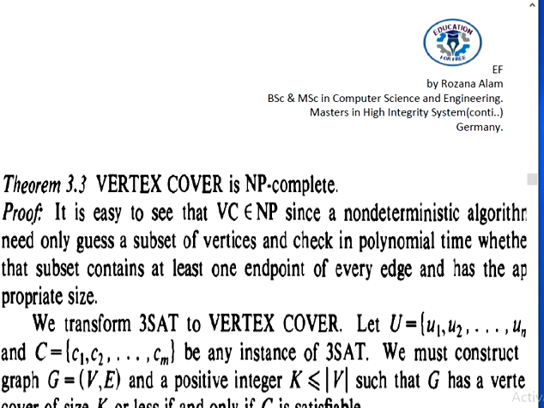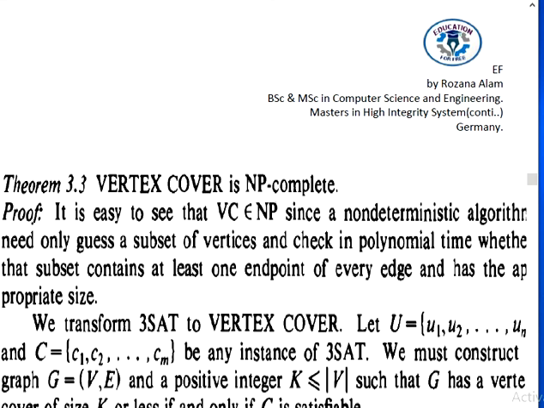The first is that the problem should be in the class NP, and the second is that all other problems in NP are polynomially reducible to that problem. From this example we can confirm that the vertex cover problem is in NP. So we are going to prove that vertex cover is NP complete.